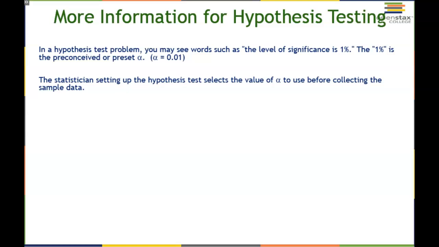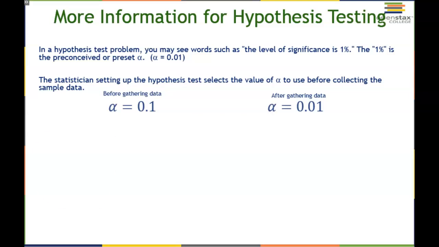If you select your alpha after you've collected your data and run some numbers, you may have just manipulated the end result of your test by selecting your level of significance after. So maybe before the test, you would have selected a 0.1. And after the test, if you're looking at your numbers a little bit, maybe you select a 0.01.